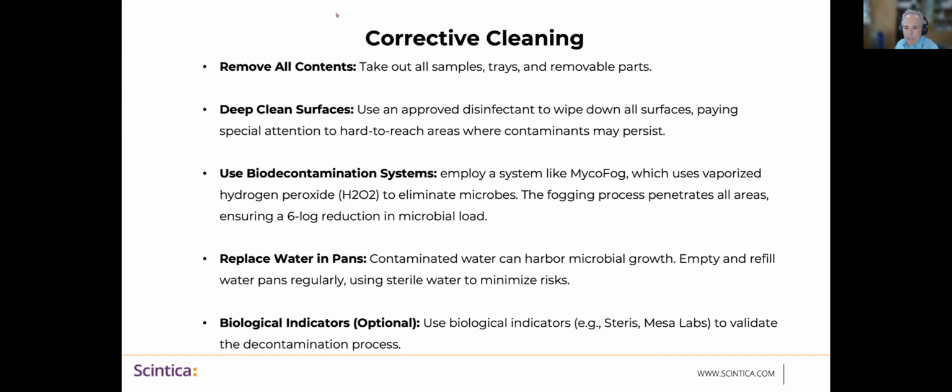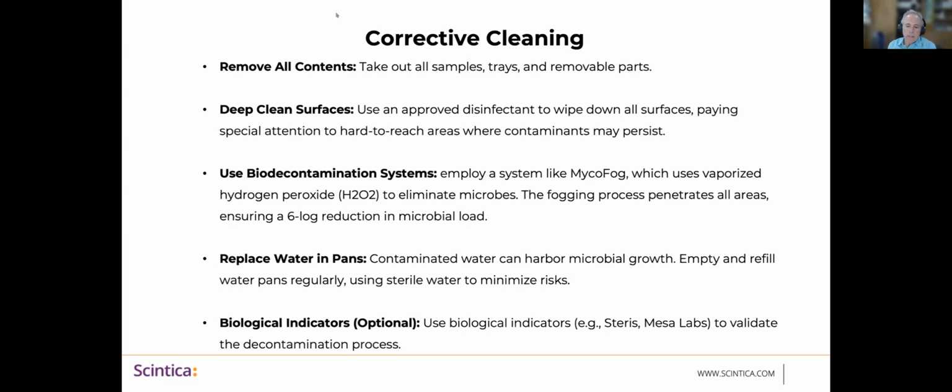We have a biodecontamination system that actually vaporizes hydrogen peroxide into your chamber, and it actually penetrates all areas. So even residual organisms can be killed if they remain in the chamber. The water pans have to be replaced with clean, sterile water. And that should be done on a regular basis.